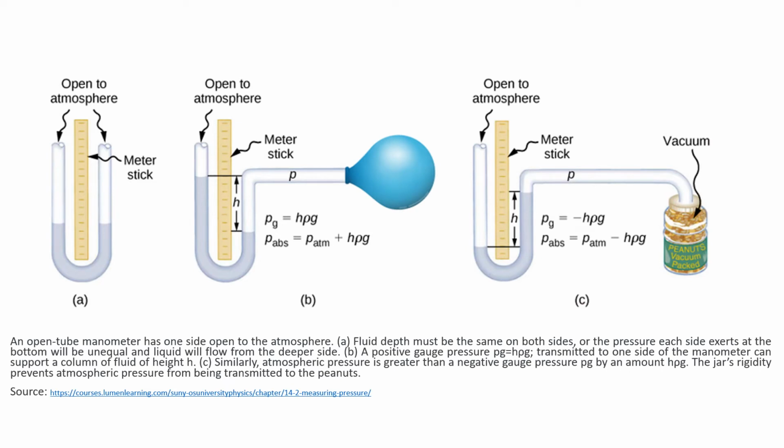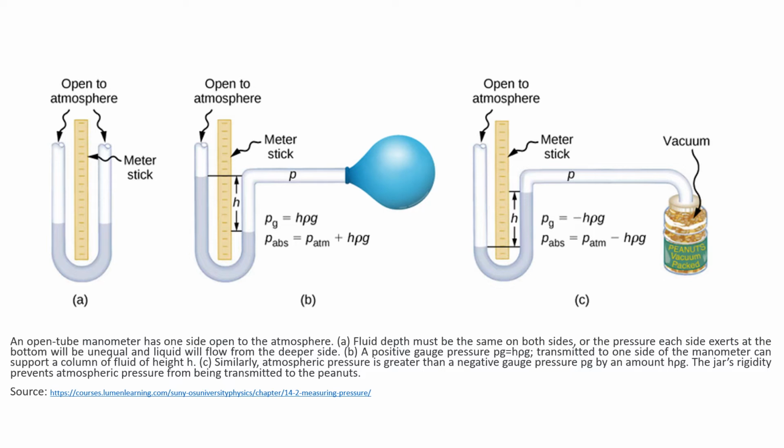The manometer principle can easily be understood with the help of this well illustrated diagram. An open tube manometer has one side open to the atmosphere. The fluid depth must be the same on both the sides as shown in figure A part, or the pressure each side exerts at the bottom will be unequal and liquid will flow from the deeper side as shown in the B part of this figure.